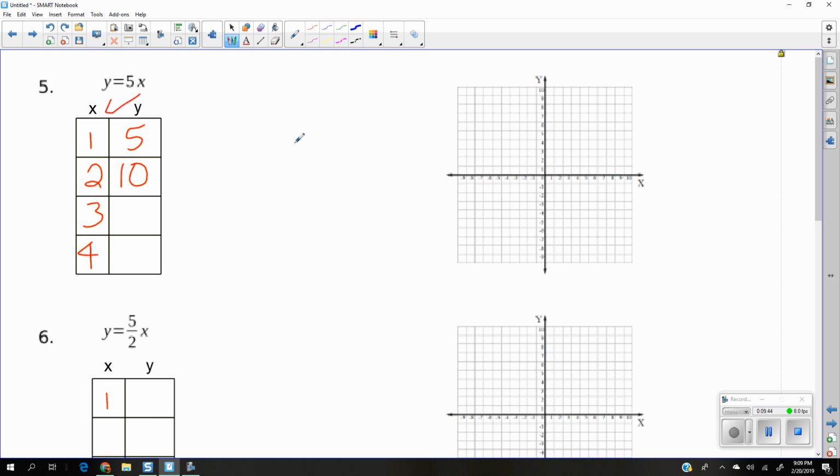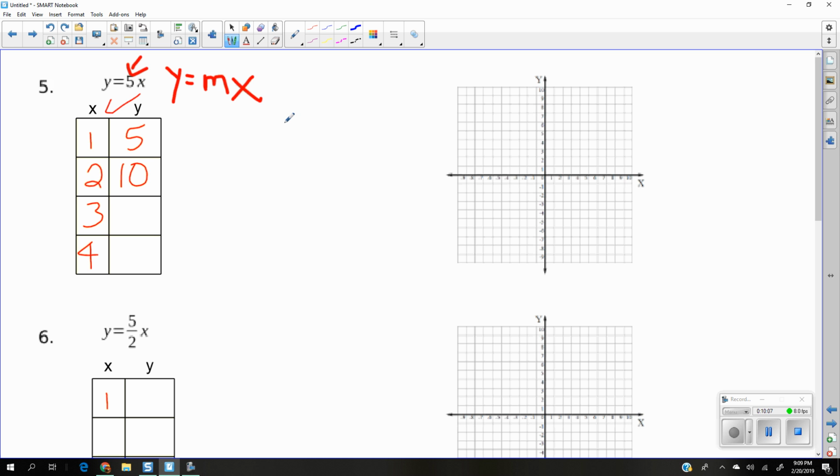plot the points. And remember, we have the XY, and our slope. Remember, the slope: Y equals mx, times x. Well, the 5, the number next to the x, is our slope.